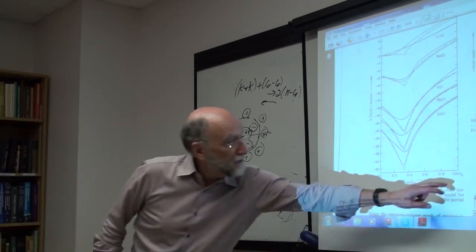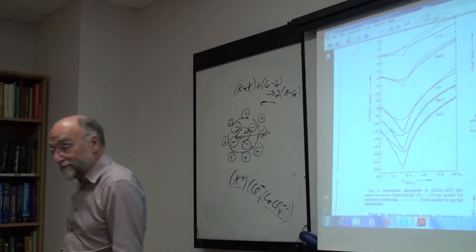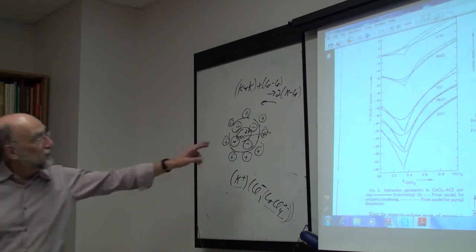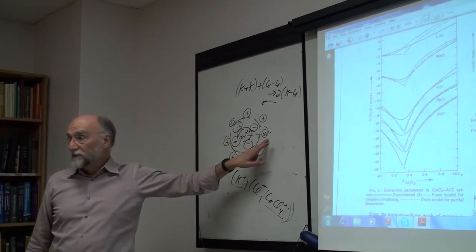So over the other side you do have cobalt nearest neighbors necessarily, but there's still a preference for the cobalt to have the potassium in its second coordination.